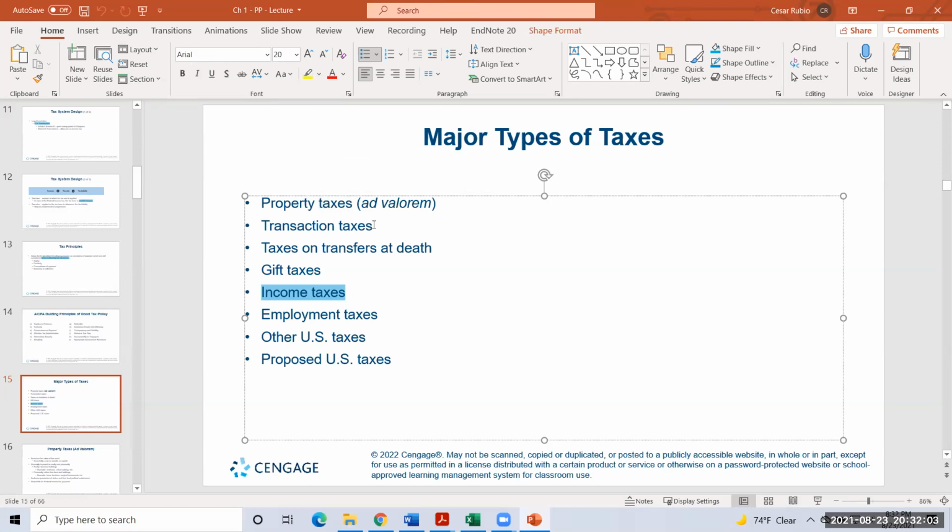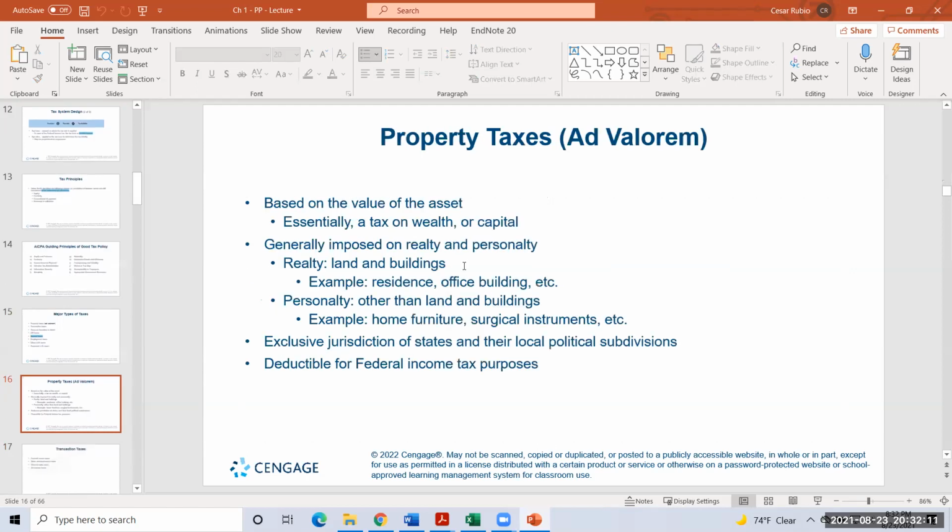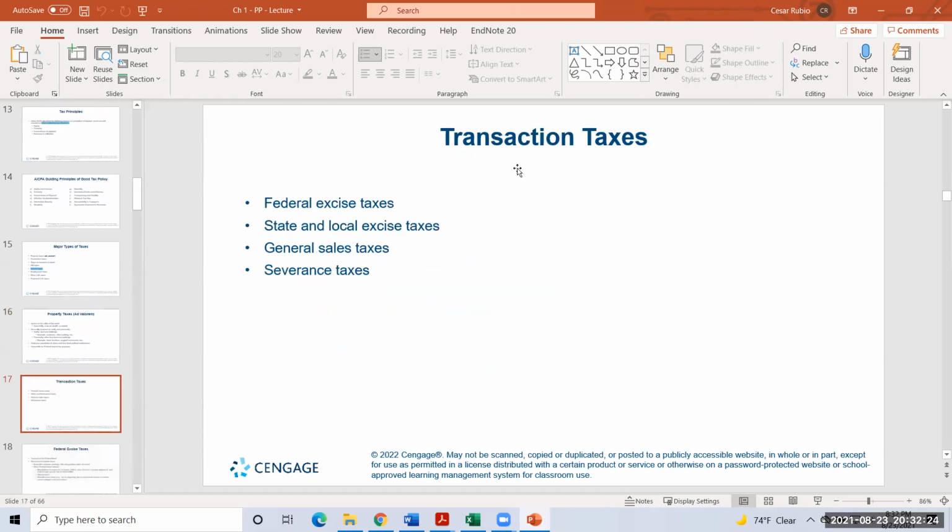If you have rental income, you have to pay property taxes on that property and so on. Transactions, we're talking about sales tax, like I mentioned. As you go down, it gives you a description of each. So here's the property taxes. Transaction taxes, here's the sales tax.